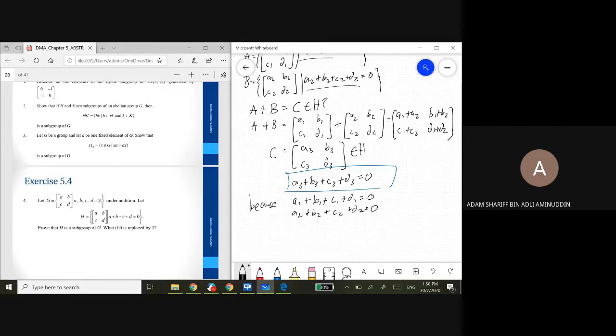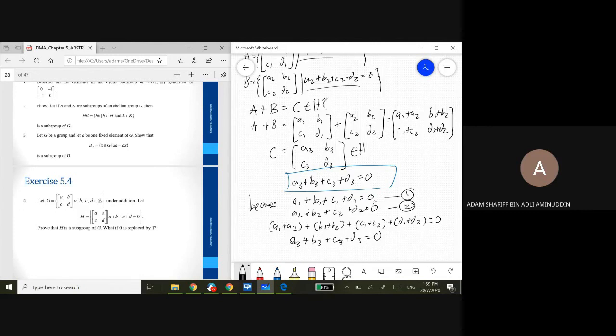When we add up like this, it will also be 0, because the first summation is 0 and the second summation is 0.